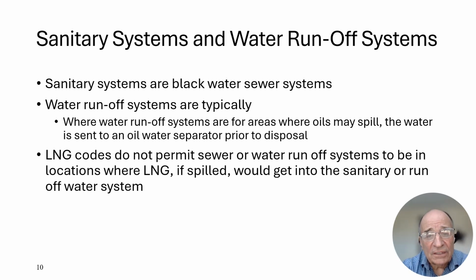Where water runoff systems are in an area where oils may be present, the water is sent to an oil separator prior to disposal. LNG codes do not permit sewers or runoff water systems to be in locations where LNG, if spilled, would get into the sanitary or the runoff water system.